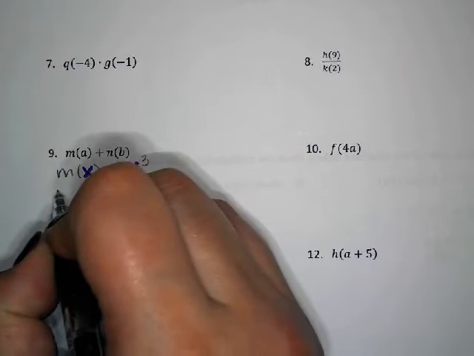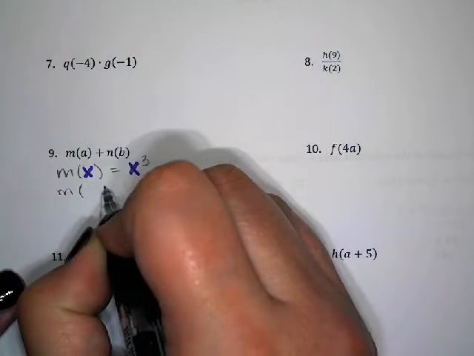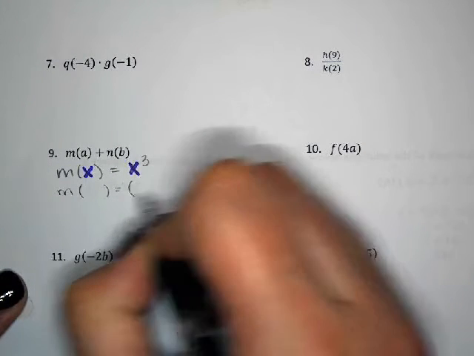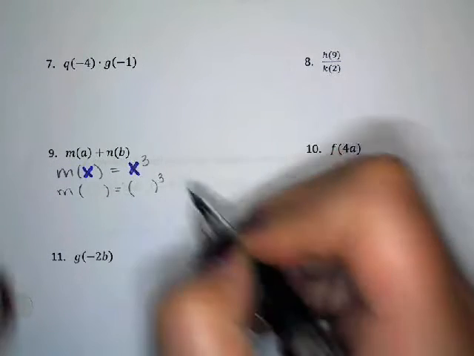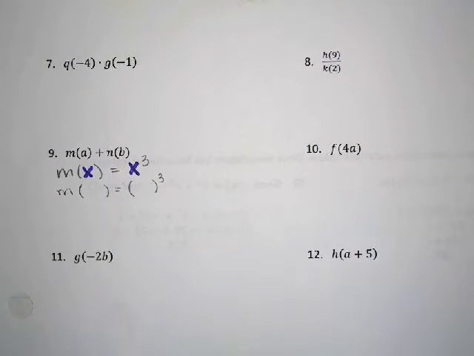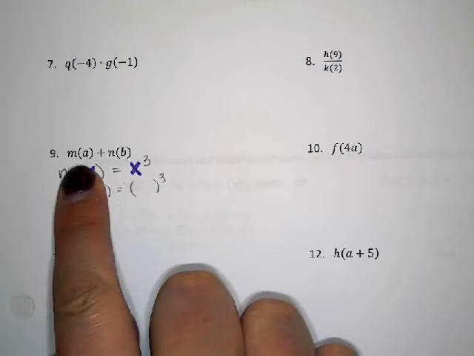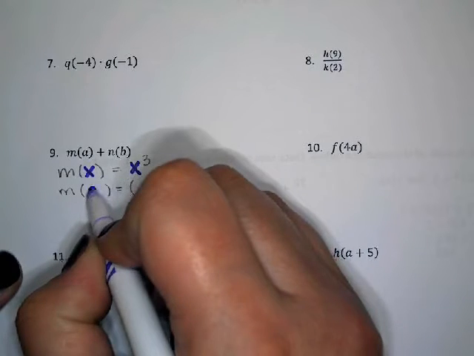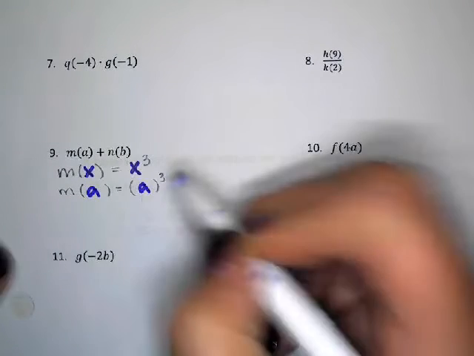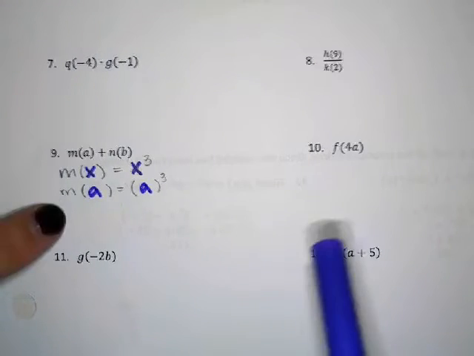Then I'm going to leave a space to plug something in. And then what am I plugging in? I'm plugging in an A. Okay. I'm going to cover up my notation.